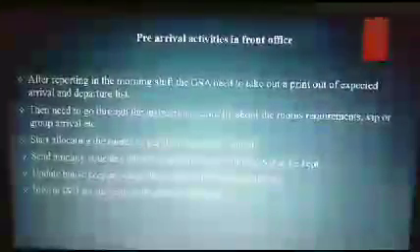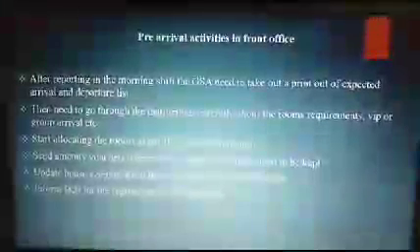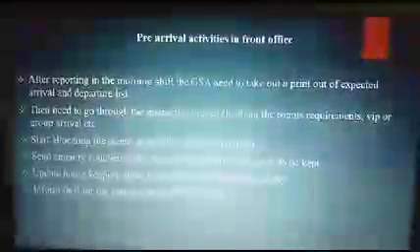If the guest is happy, then he will come back to us, and our hotel's name and revenue will be high if the guest is satisfied, and a word of advertisement is also done if a particular guest is happy with the activities or the facility.